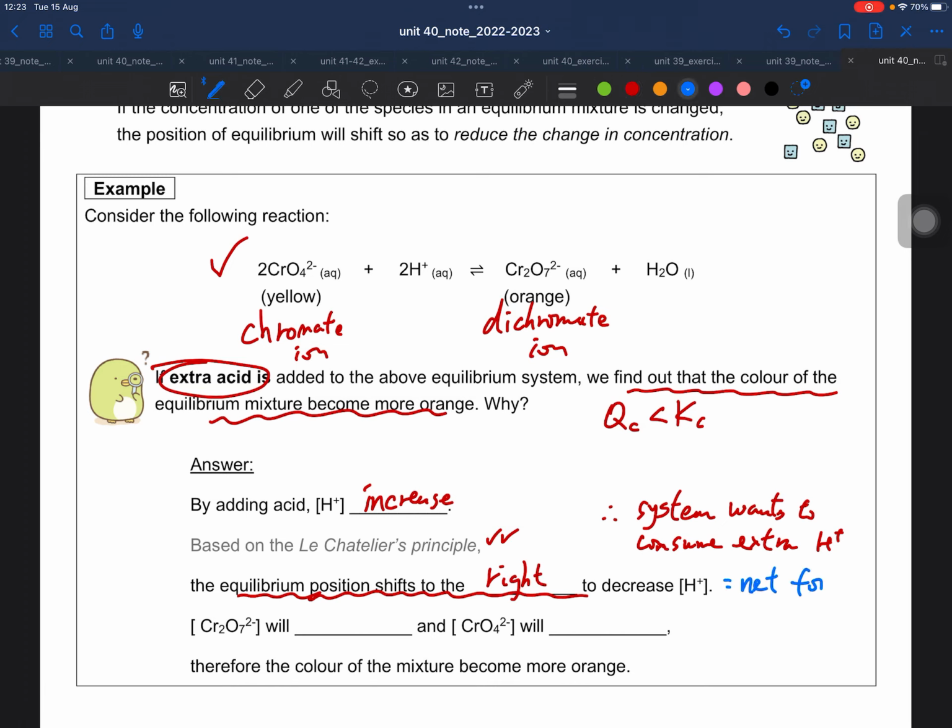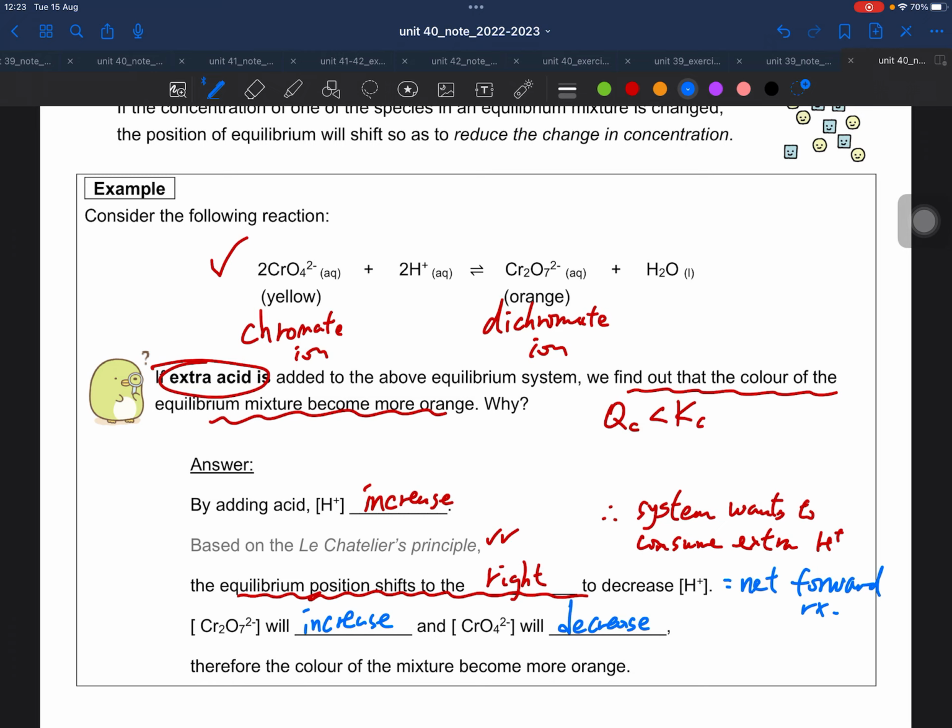That is net forward reaction. Because if I produce more product, then I will consume more reactant, right? So with this idea, the dichromate concentration will increase and the chromate will decrease. So sure, the reaction mixture becomes more yellow.